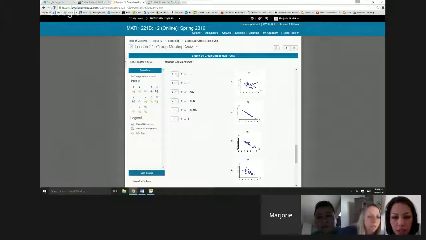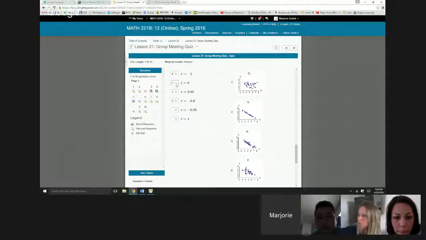Okay, so for R equals -1, what do you think it is? I think it's what you have. Your D. 4? Yeah. Okay. Then R equals 0, I think that is your 3. Okay, so R equals 0, which is also my 3.